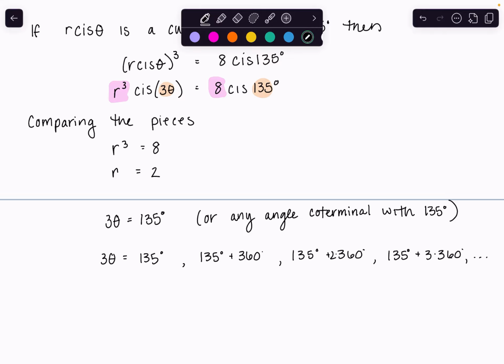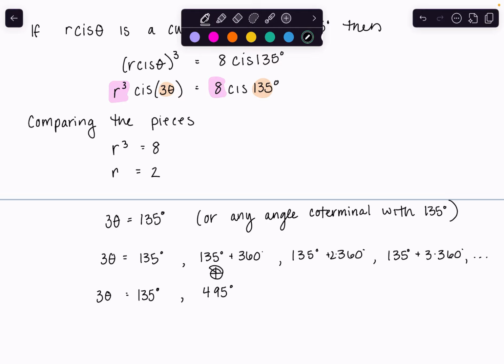The idea is, though, I'm looking for cube roots. There's really going to be 3 of them, so I only need to deal with the first 3 in this instance. But just to show you, 3 theta can equal 135 degrees. If I go once around the unit circle, that angle that's coterminal with 135 would be 495. So again, that means we went around once, and then we stopped right here at that 45 degree angle.